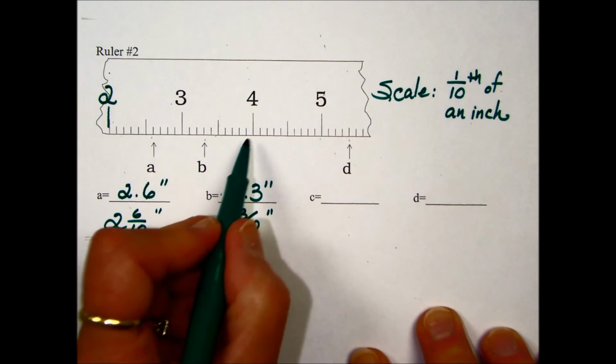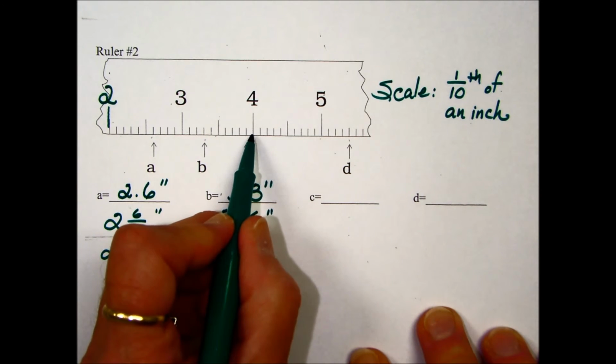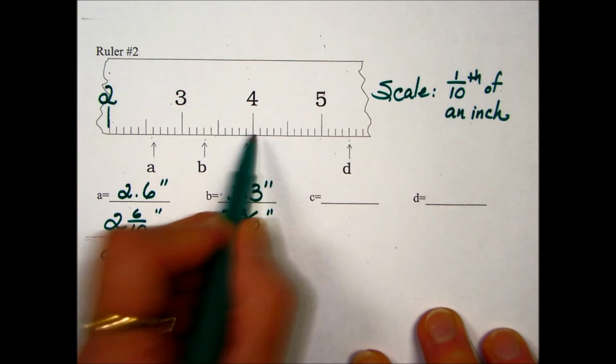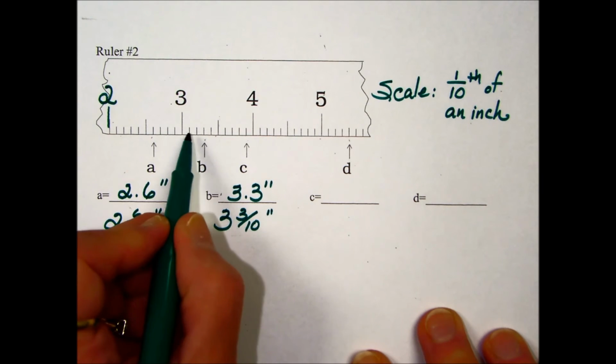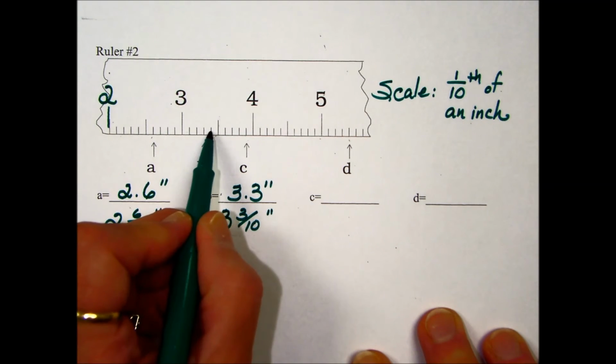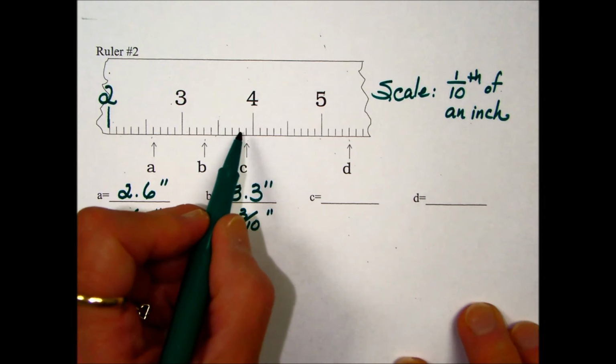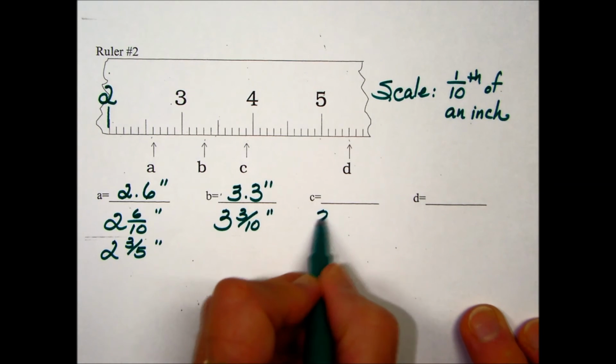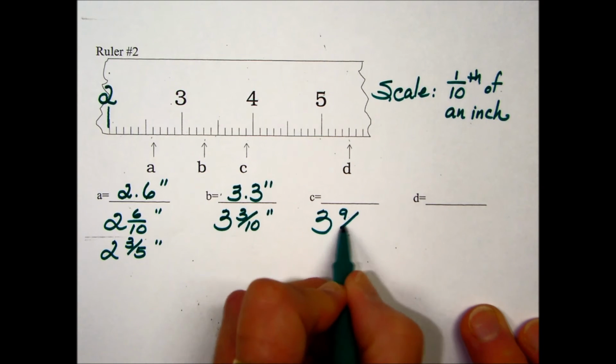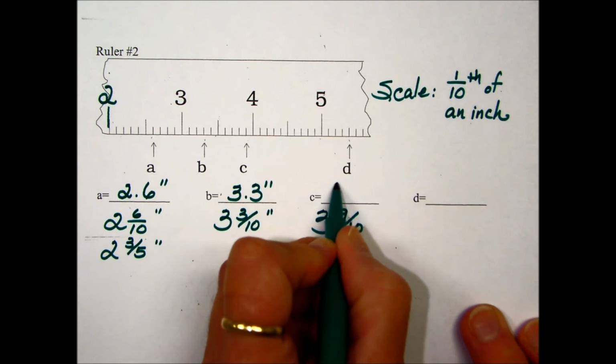C is just 1/10 away from 4, so we could take a tenth away from 4, or start at 3 and count up 1, 2, 3, 4, 5, 6, 7, 8, 9 tenths. So we could call this 3 9/10, or the decimal equivalency of 3.9.